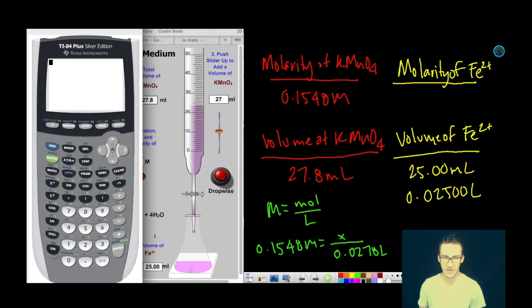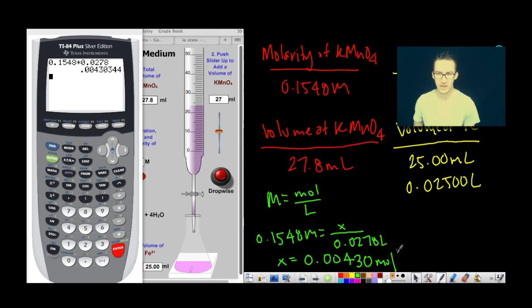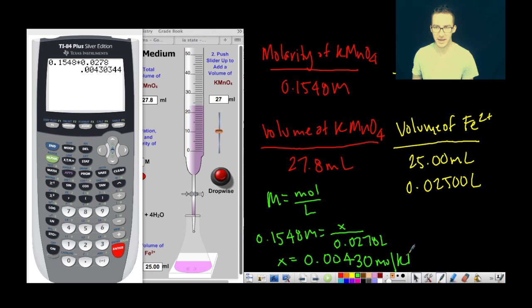This would not be a calculation that I would expect you to do in your head, neither would the College Board. 0.1548 times 0.0278 equals 0.00430344 moles. Let's use sig figs here. So X equals 0.00430 moles of potassium permanganate, KMnO4.